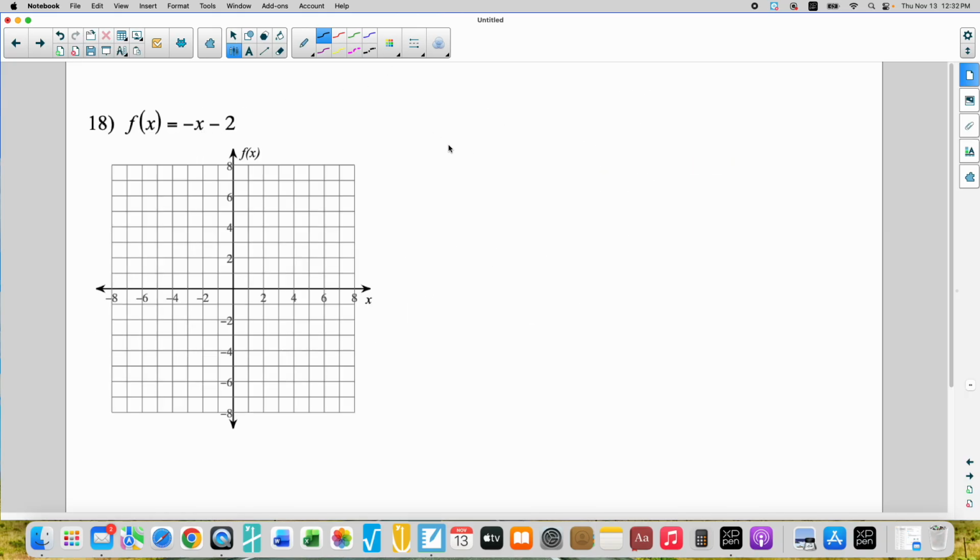Here, my slope is going to be -1, and my y-intercept is going to be -2. So I'm going to do my point first, and this is the only point I'm given. This is not a point. This is a dance. Remember, it's a dance. It's rise over run.